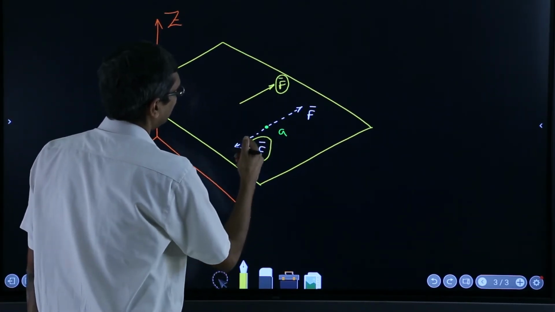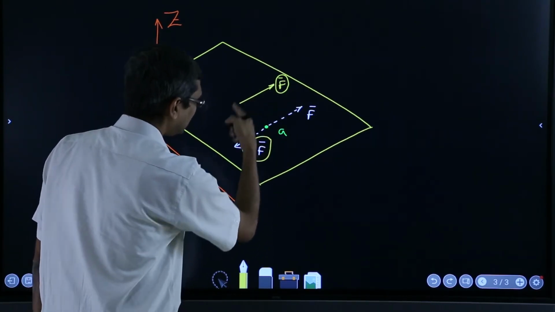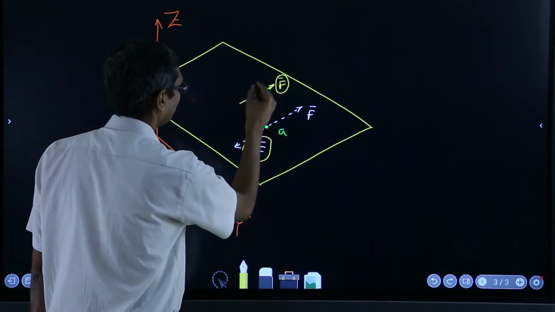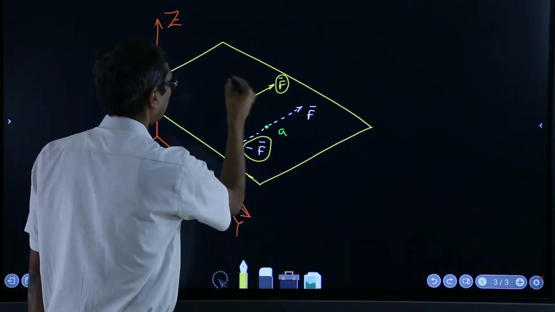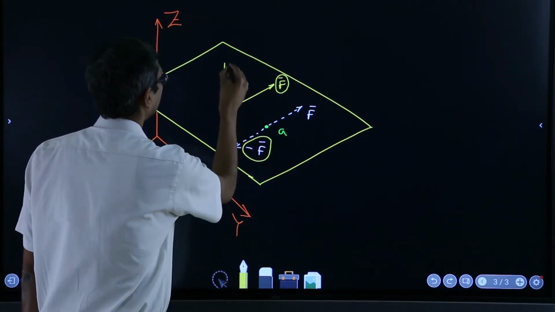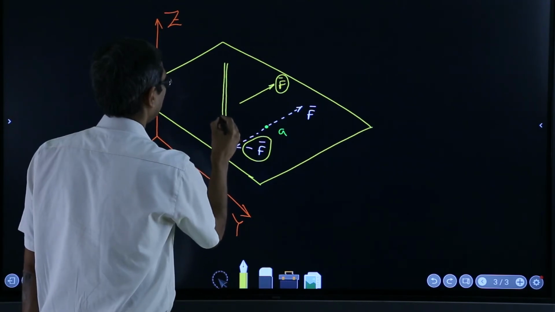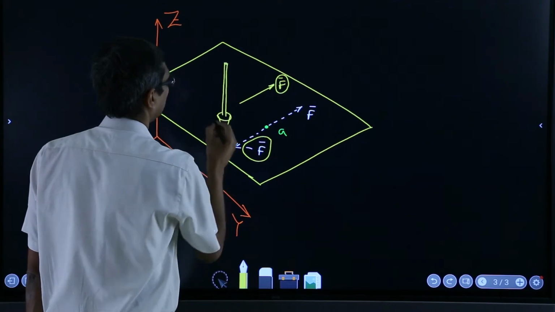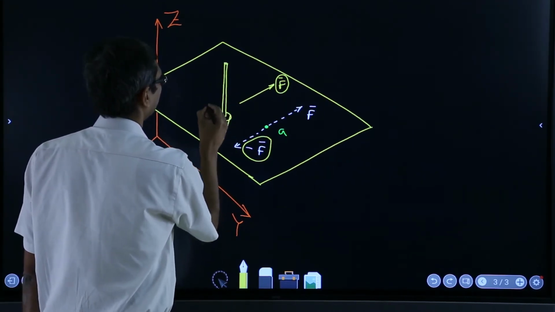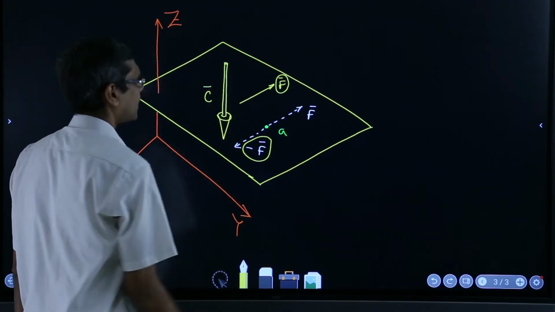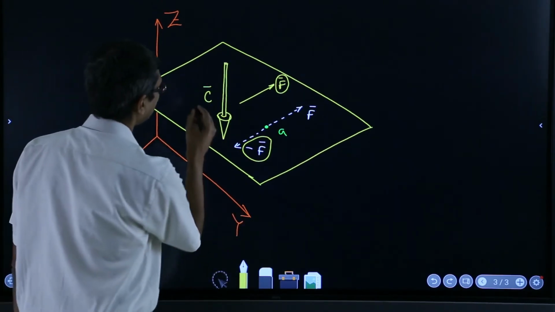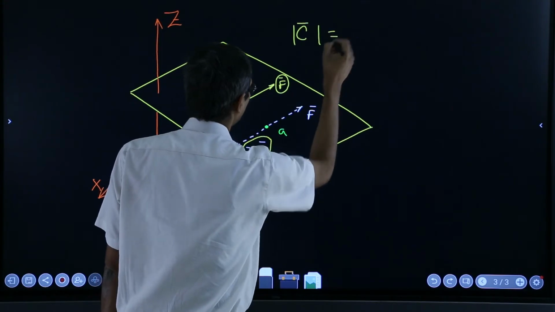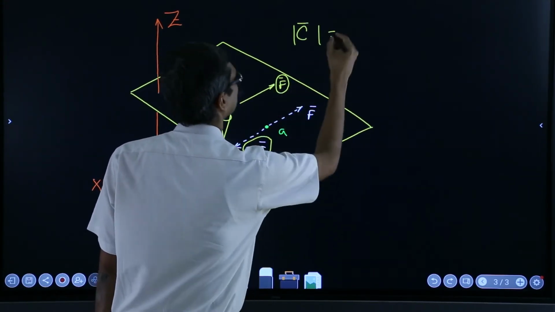So that means we can consider these three forces now as a couple moment of this type, and its magnitude C will be how much? F times this distance d.